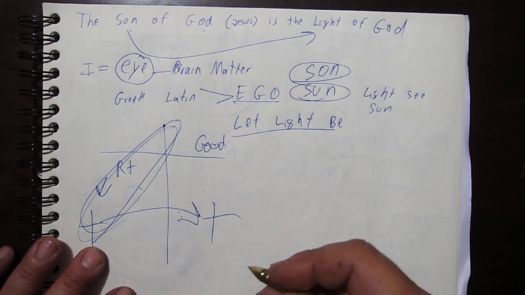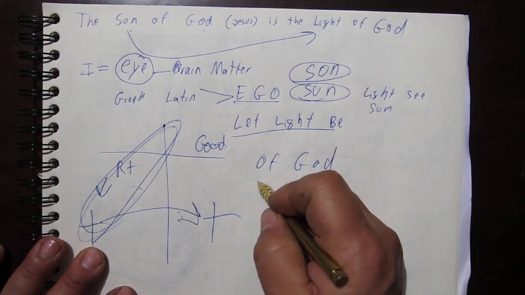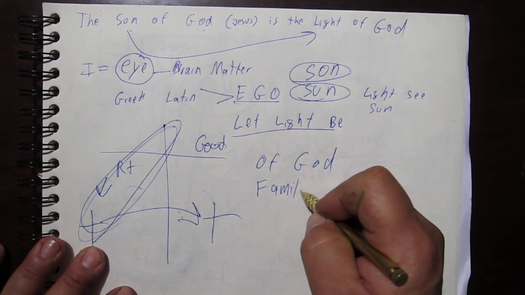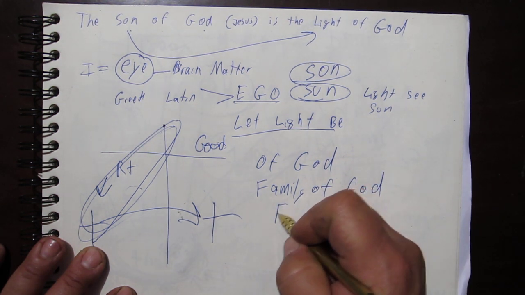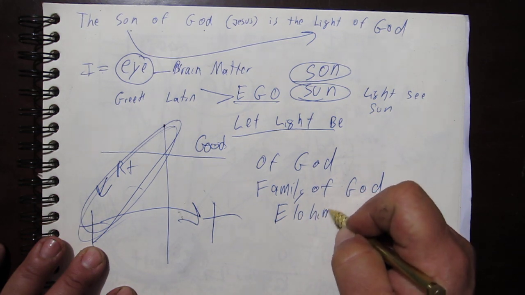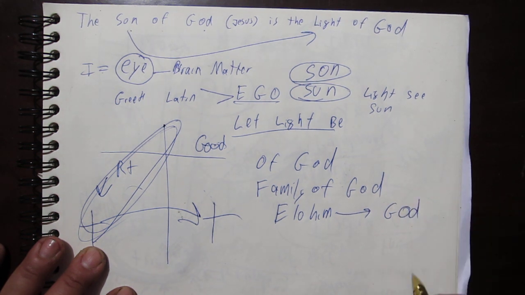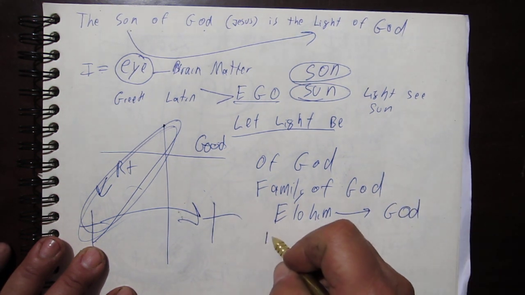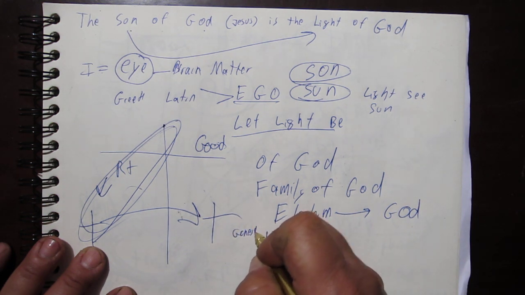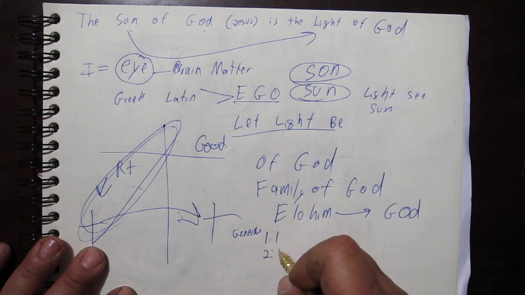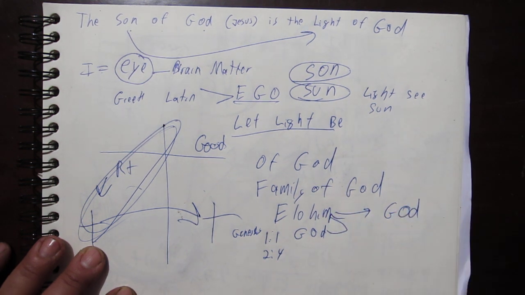We, those that are of God, are part of the family of God. And that family name is Elohim in the Bible. That is translated a lot of times as God. And we know from Genesis 1:1 to about Genesis 2:4, anywhere you see the word God, it's coming from the word Elohim.